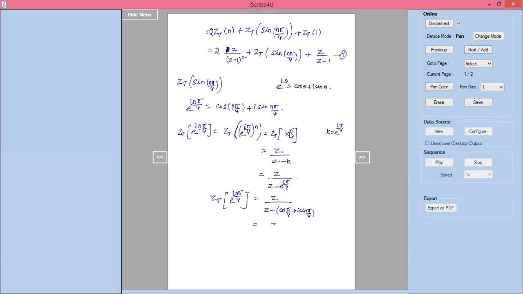Cos pi by 4 is 1 by root 2, and the plus sign is there. If you multiply the minus inside, minus will come, and i into sin pi by 4 is 1 by root 2. Now if I multiply this inside, I get z divided by z minus 1 by root 2 minus i divided by root 2.